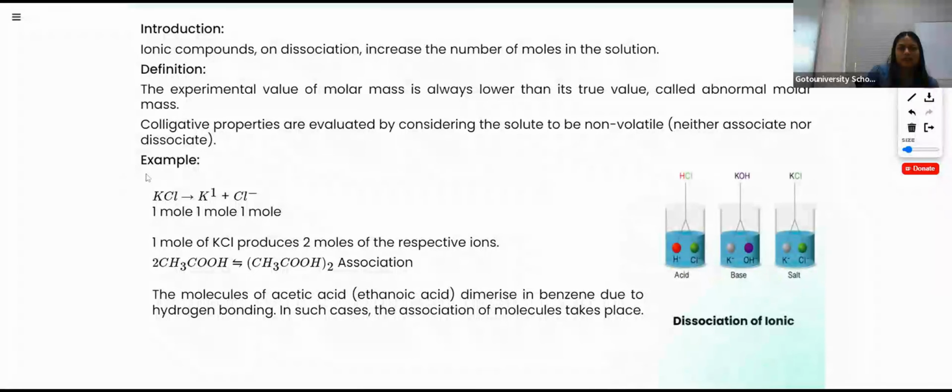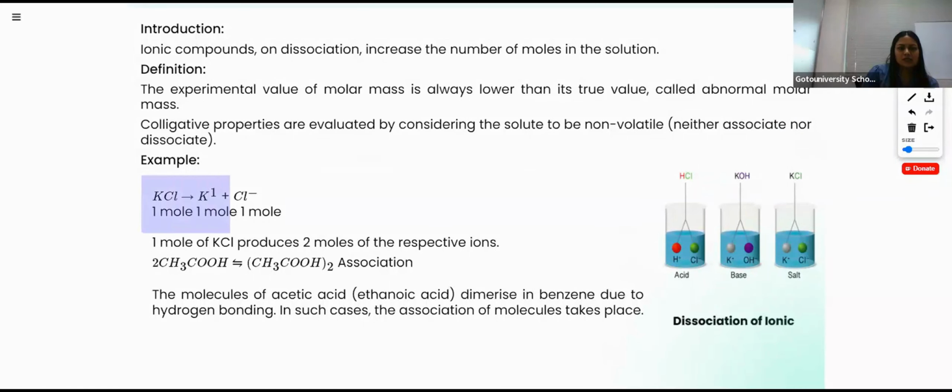It can be divided into two types, association and dissociation. Why does this value vary? Because in the reaction, association and dissociation of molecules takes place, right?